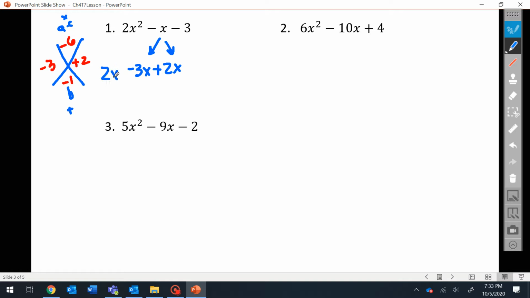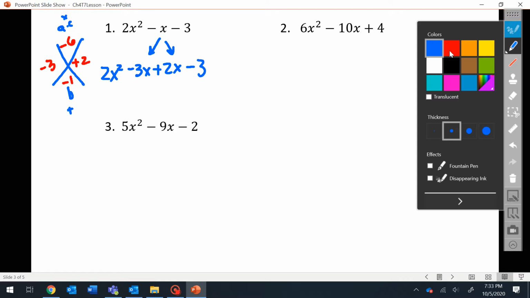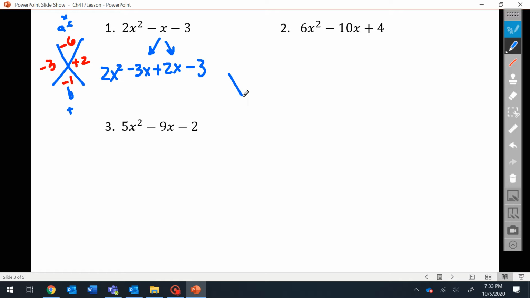The 2x squared is going to stay, and the minus 3 is going to stay. So what we're working with is 2x squared minus 3x plus 2x minus 3.